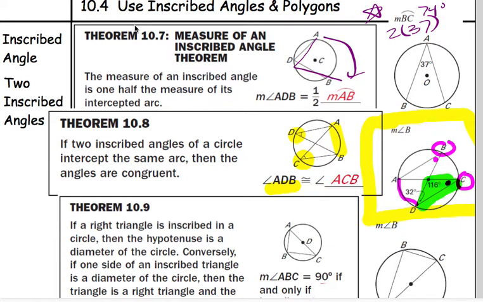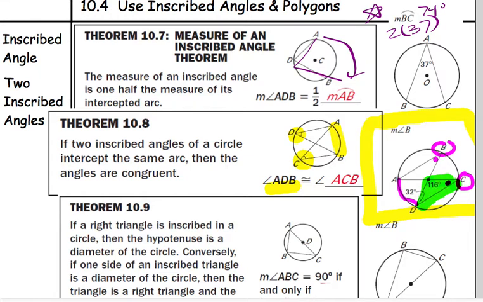So I'm going to use that and the fact that a triangle adds to 180. So if I take the entire triangle, which is 180, and I subtract the 116 and then subtract the 32 degrees, that will give me what's left. So let me double check that here. You get 32.